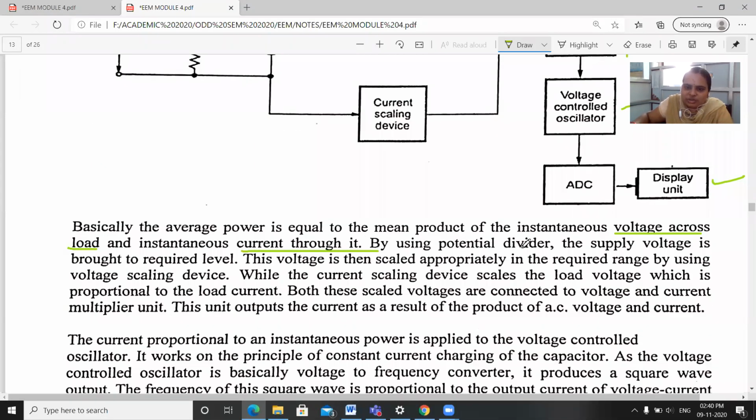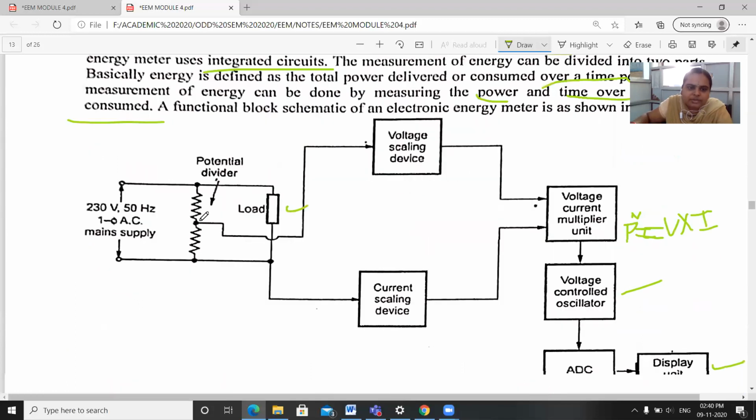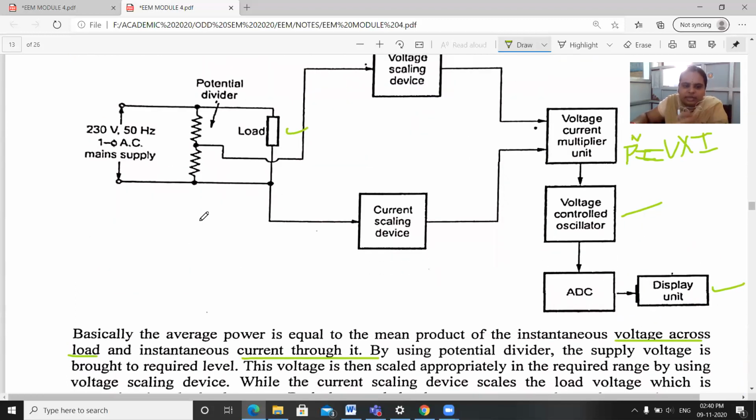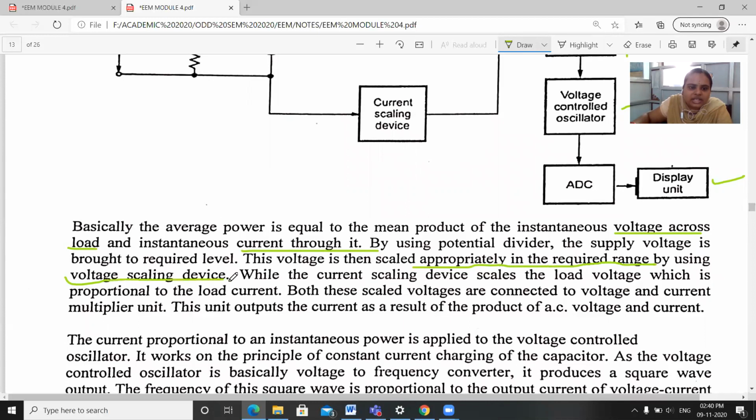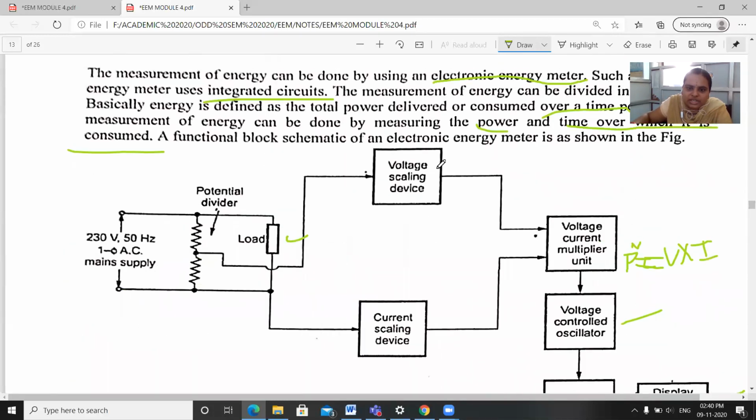By using the potential divider, the supply voltage is brought to the required level. The potential divider controls the parameters from the supply to the required level. This voltage is then scaled appropriately to the required range by the voltage scaling device, so that I can measure my power.